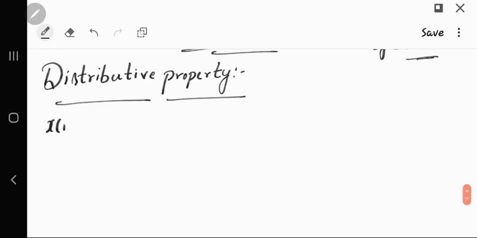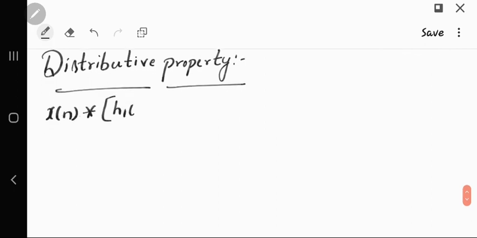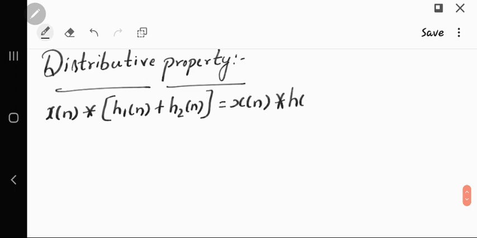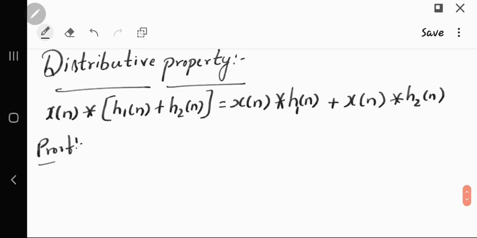The definition says x of n convolved with h1 of n plus h2 of n is equal to x of n convolved with h1 of n plus x of n convolved with h2 of n. So this is the statement of the distributive property. Let us take the proof of it.